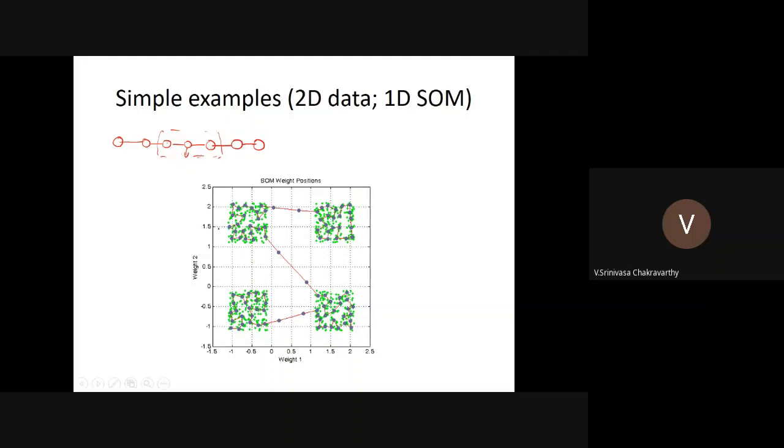When you apply this 2D data set to a 1D map, you see how the map has organized itself. So one bunch of neurons, so see that the map is a chain. Okay, so it starts in this top right square and ends in the bottom left square.